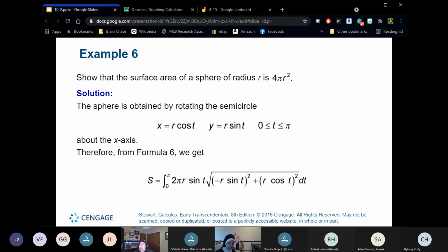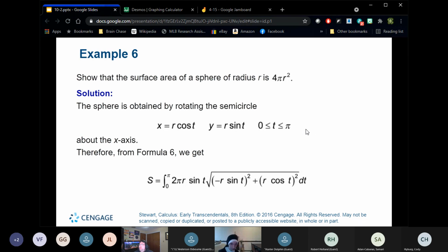All right, so let's find the surface area of a sphere. If you remember back in geometry class, the surface area for a sphere is 4 pi r squared. So let's prove that that is correct. We know our sphere can be made by just rotating a semicircle. So remember my circle is r cosine t, r sine t. Since I only want a semicircle, I'm just doing from 0 to pi, not 0 to 2 pi.